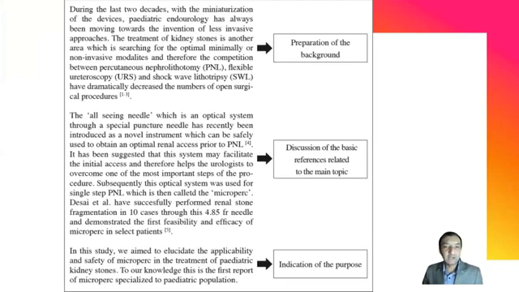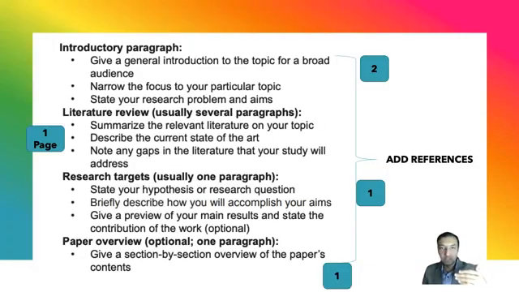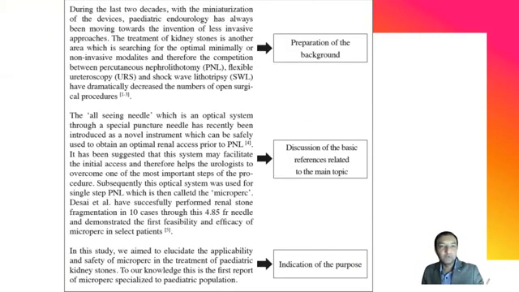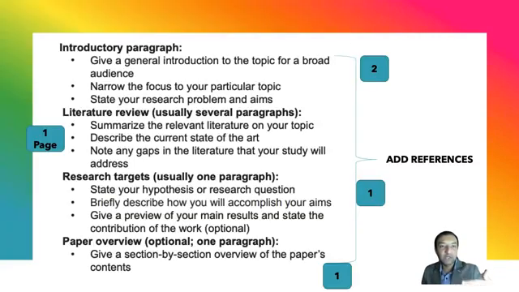And you see the third paragraph, the indication of the purpose. So in the introductory paragraph, in this example, we didn't add much about the literature review work, so we focused on the introduction. Then come the research targets, and then overall the results are provided.